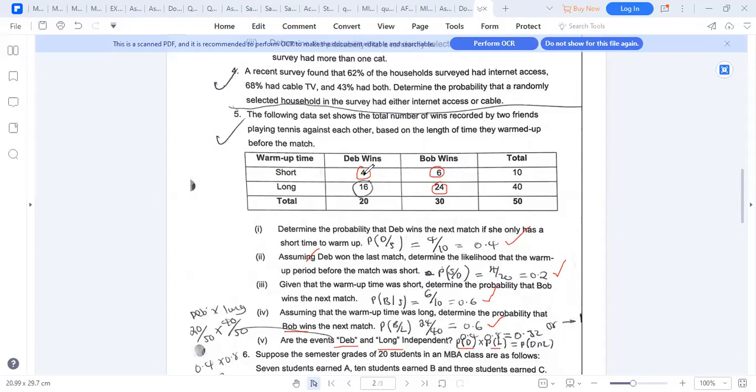Deborah was 4 out of 50, sorry. What is 4 out of 50? It is 0.08.